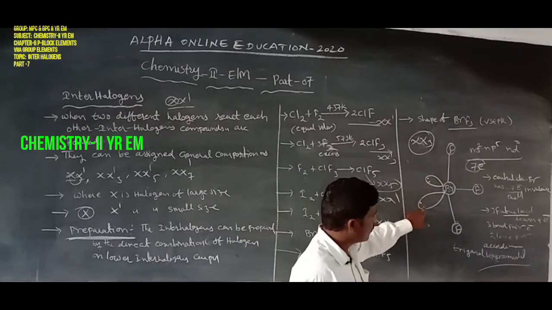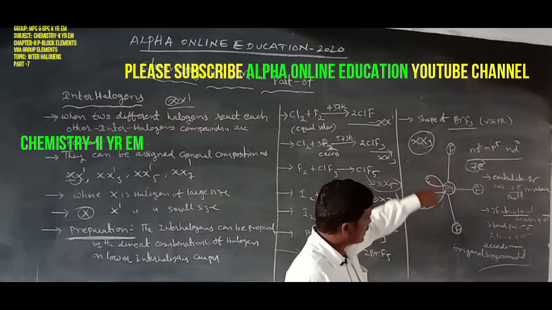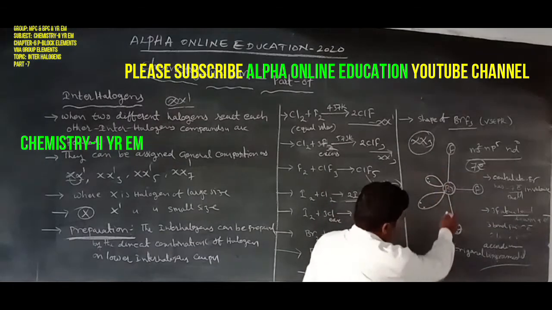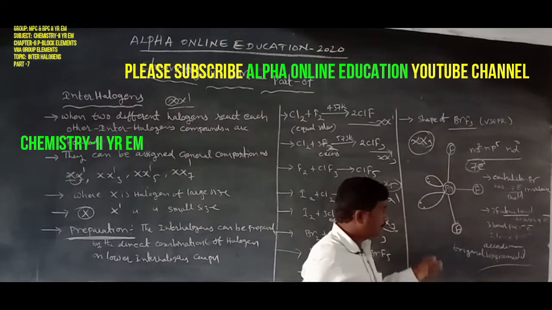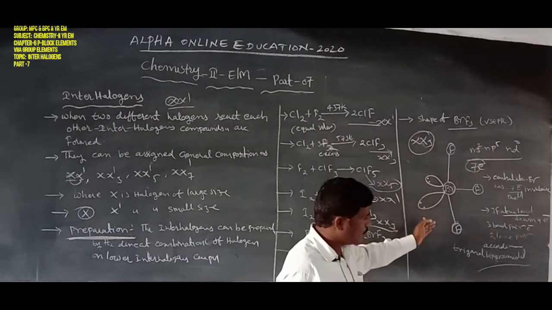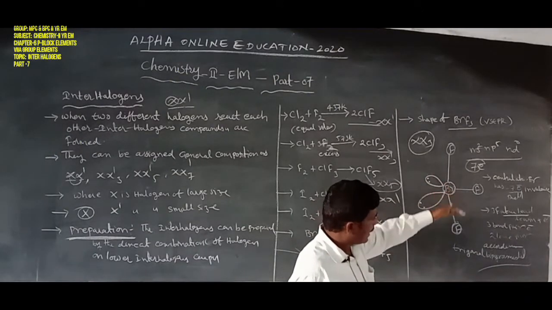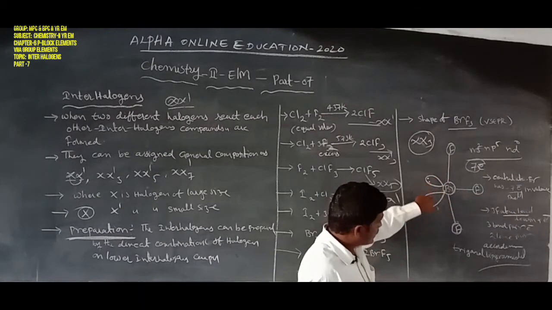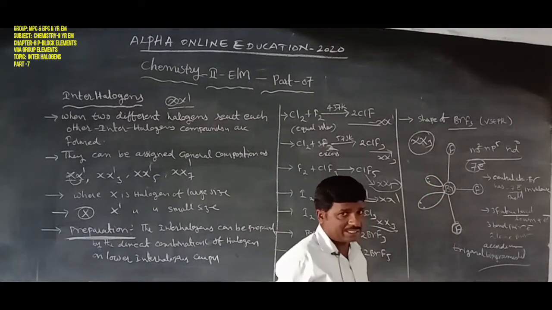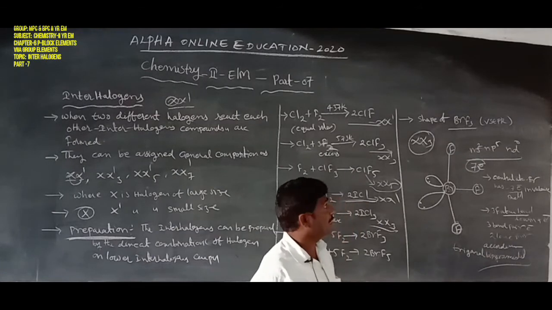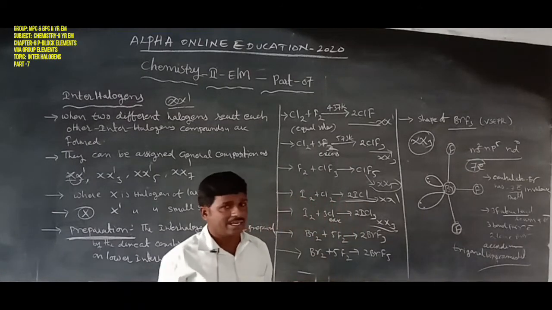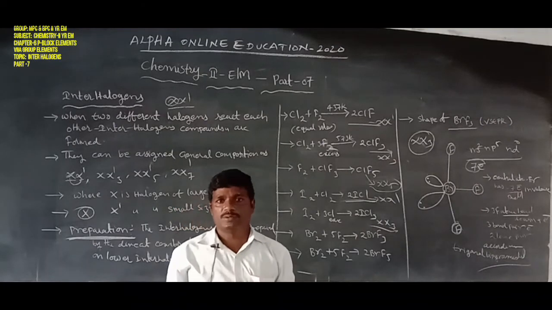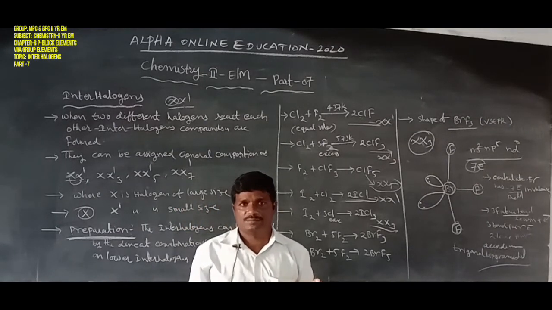In BrF3 there are 3 bond pair electrons and 2 lone pair electrons. According to this, it has the trigonal bipyramidal structure. That is the structure of BrF3. The group 7A chapter is over. Thank you.